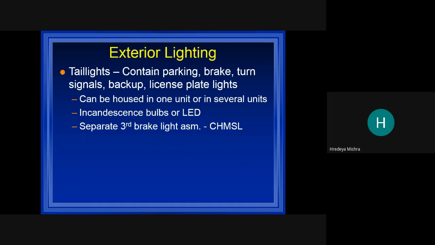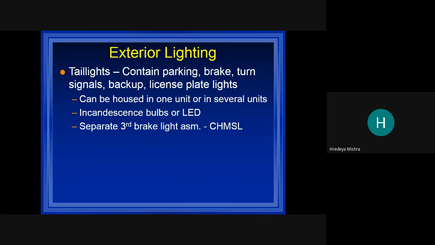Parking light blows when we park the vehicle. When we are turning, the turn signal light is blowing, and where the vehicle number plate is there, one light is also there to illuminate your vehicle number.